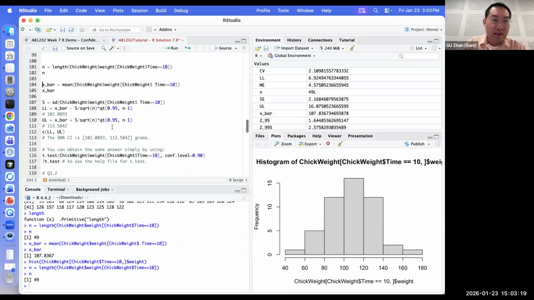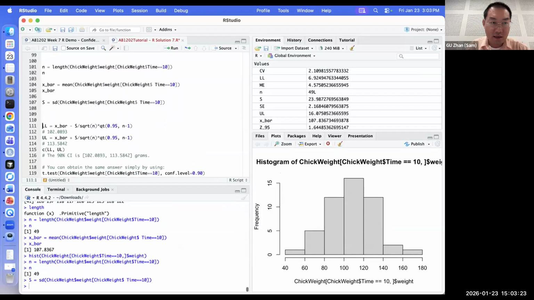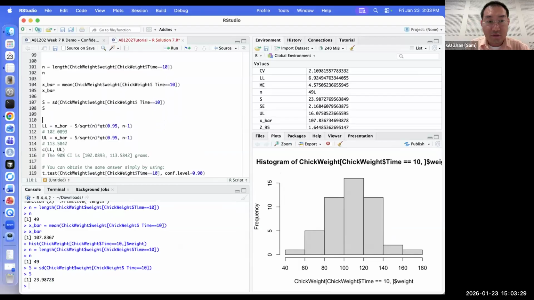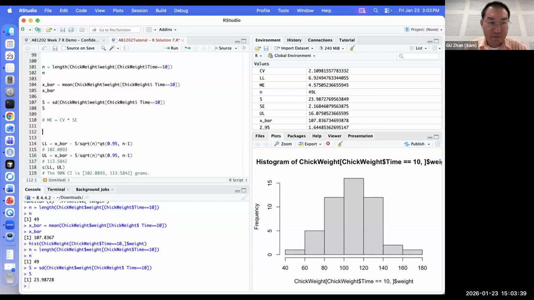Now in order to use the t-distribution, we need to calculate the margin of error. Again, margin of error equals CV times SE. What is the CV? Critical value. CV equals QT.